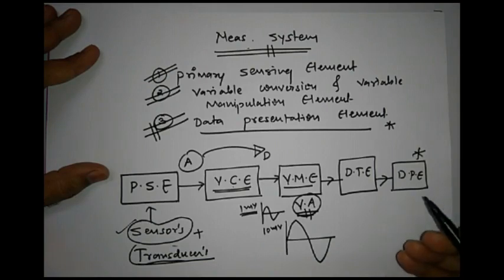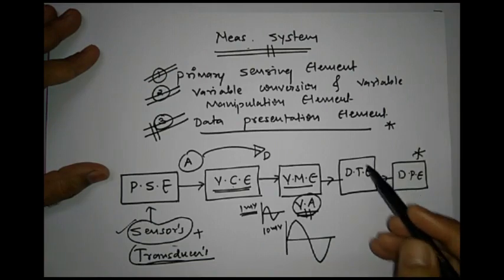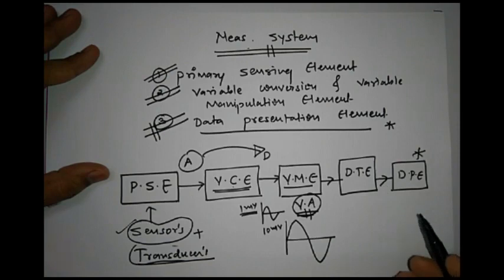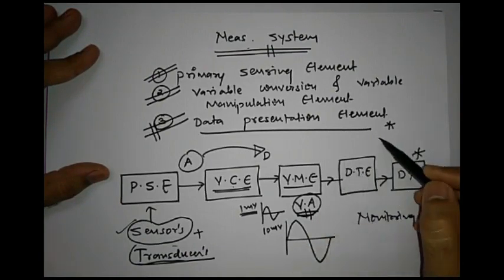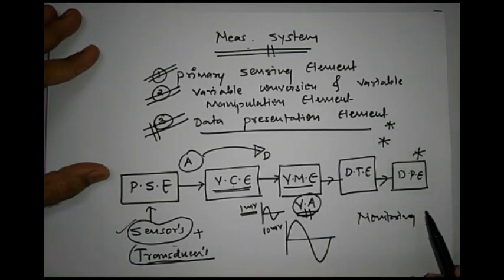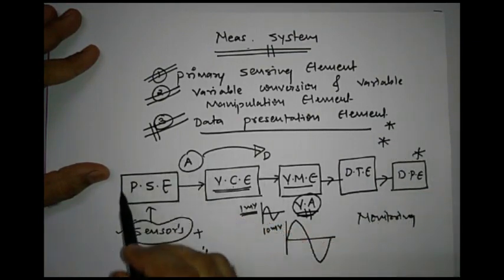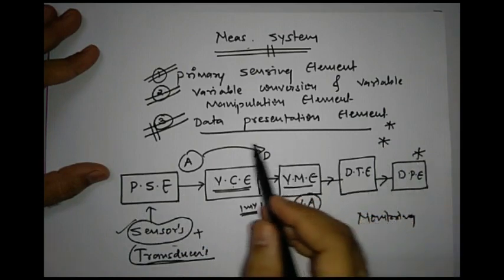So if you are trying to design a measurement system for display purposes, or you can say for monitoring purposes, whatever display system we have adopted in our measurement system comes under the category of what? Data presentation element.